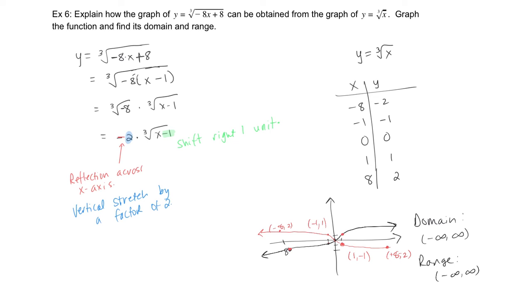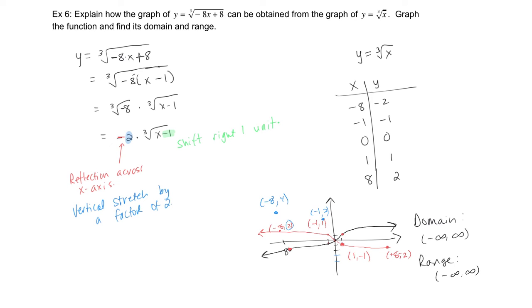So that's the reflection, but now we have it stretching. Okay, so this stretching means that I need to multiply my output by 2. So my new point is going to be twice as high. So it'll be at -8 and now 4. This didn't affect the x, but my y value gets multiplied by 2. So it's going to be up here.